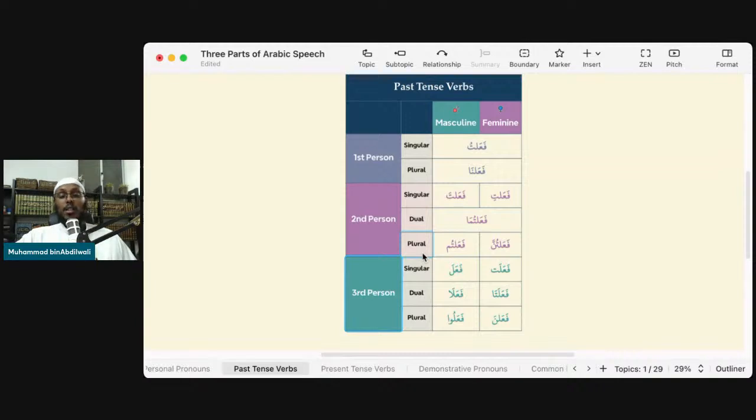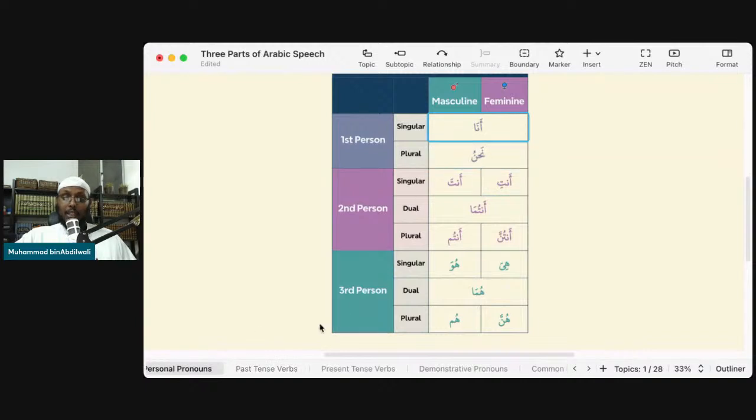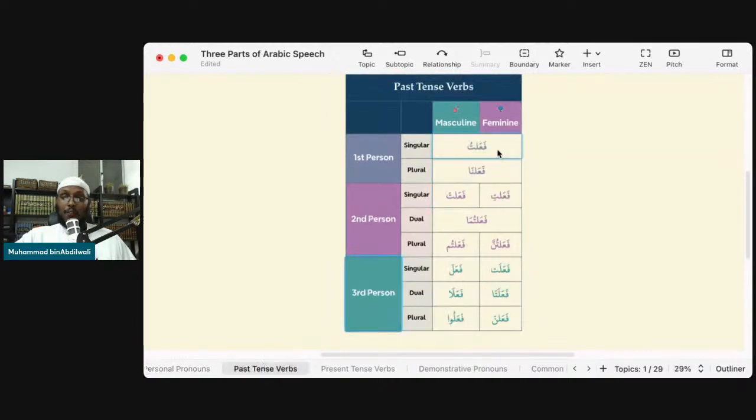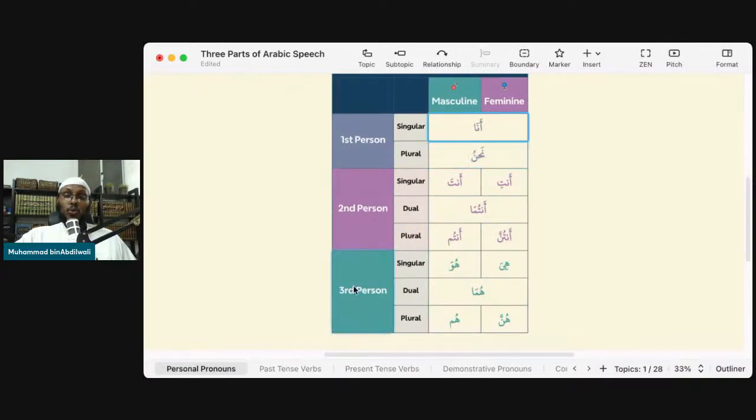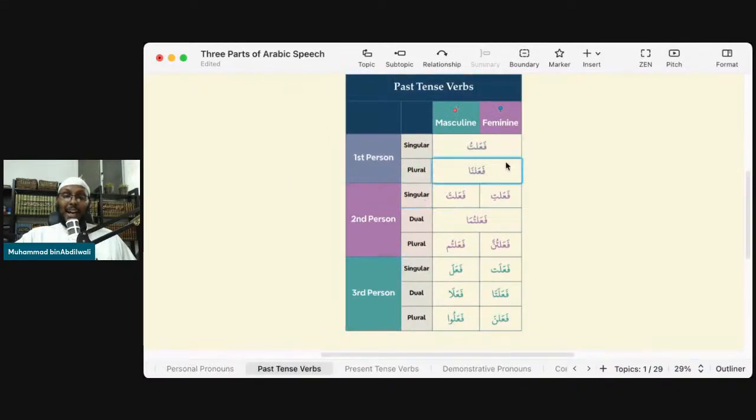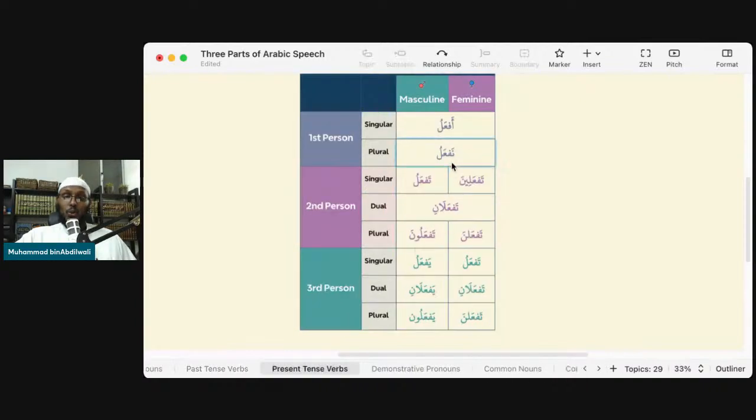This is basically 30% of the language. That you know that it is أنا فعلت if it's past tense and أفعل if it's present tense. Okay? And that you know that نحن فعلنا if it's past tense and نفعل if it's present tense.